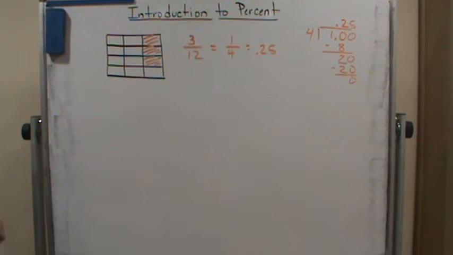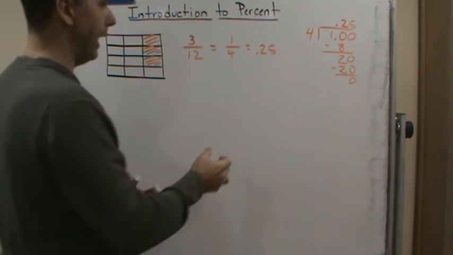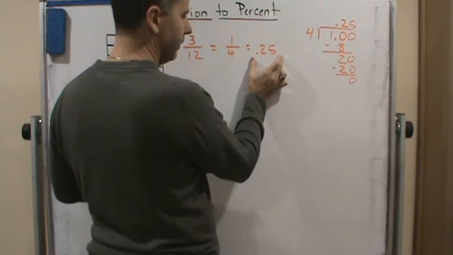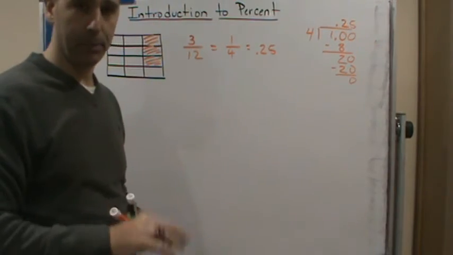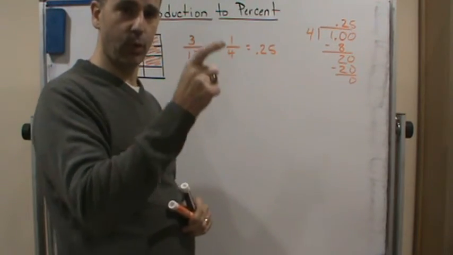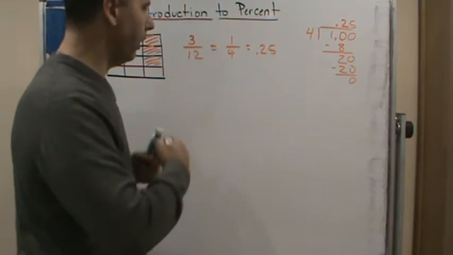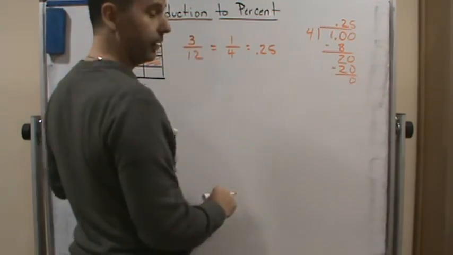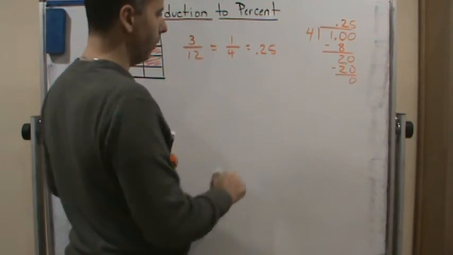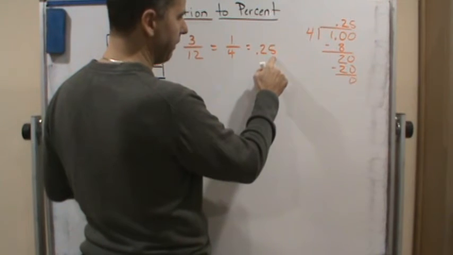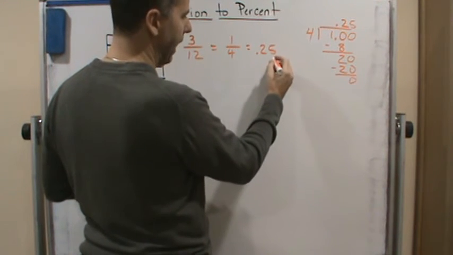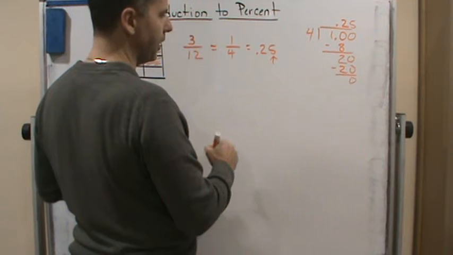So now, how do I write it as a percent? Remember, a percent is out of 100, so it's where the denominator is 100. Well, I can write the decimal as a fraction, because 0.25 means 25 hundredths. The 5 is in the hundredths.